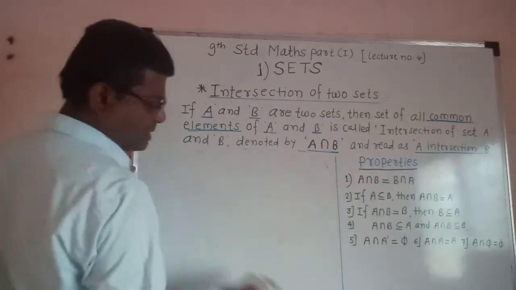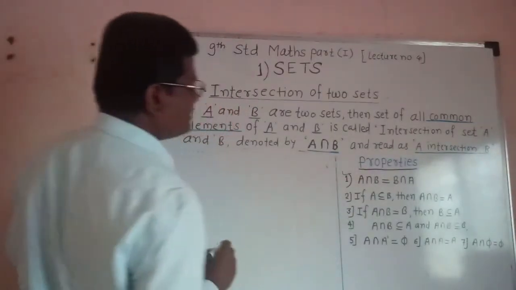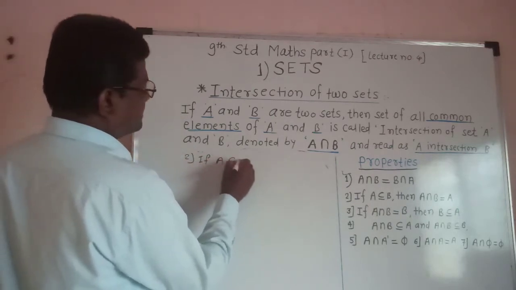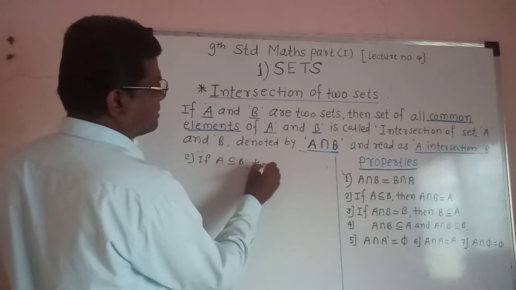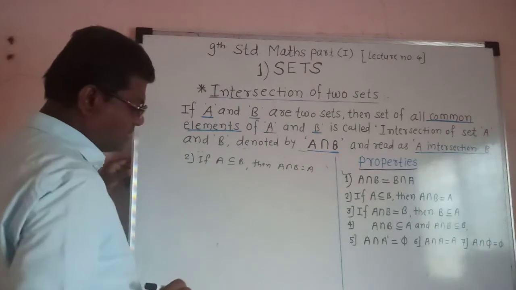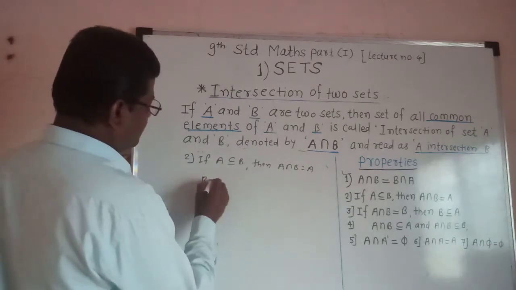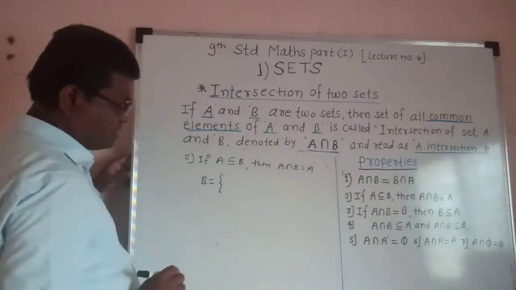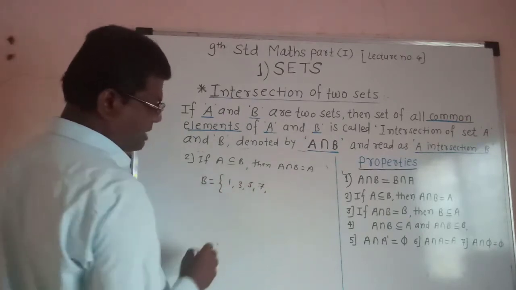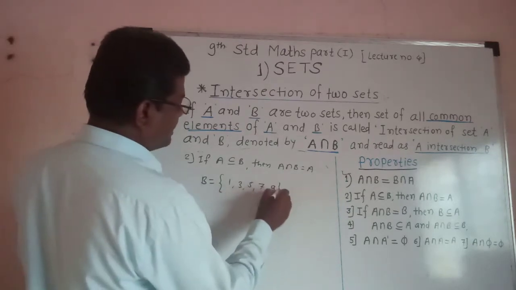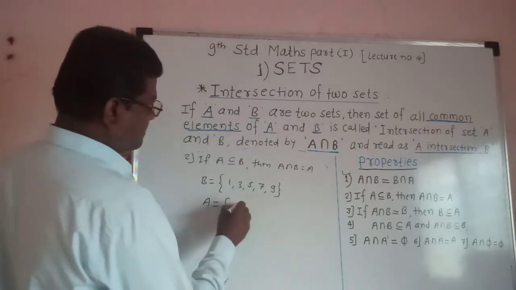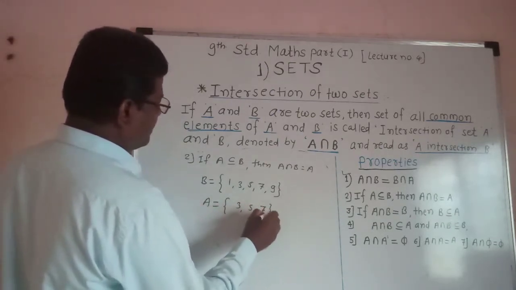Now the second property is if A is a subset of B, then A intersection B is equal to A. Now consider one set B is equal to the set 1, 3, 5, 7, 9, and consider the set A as 3, 5, 7.